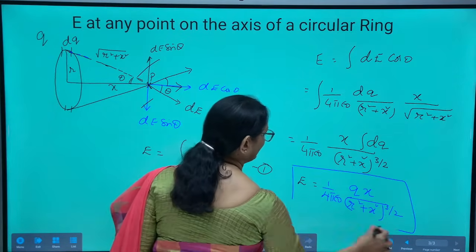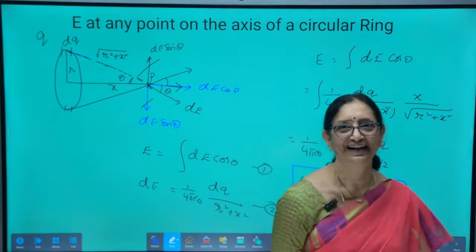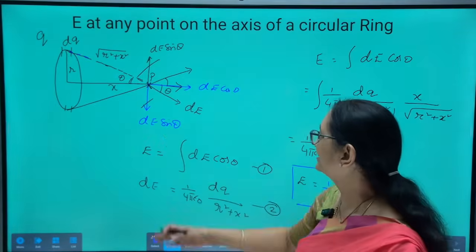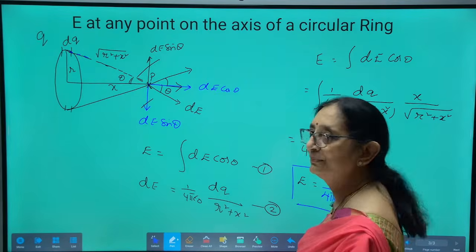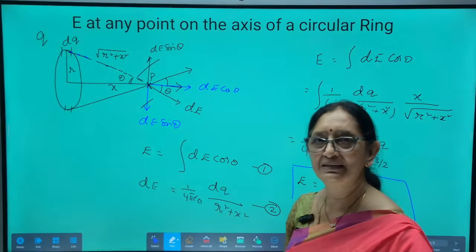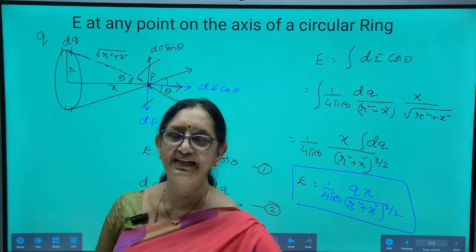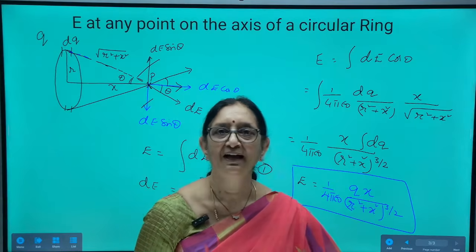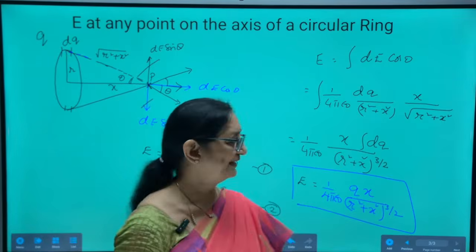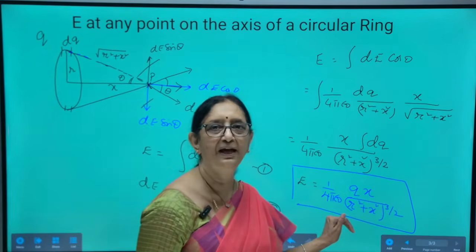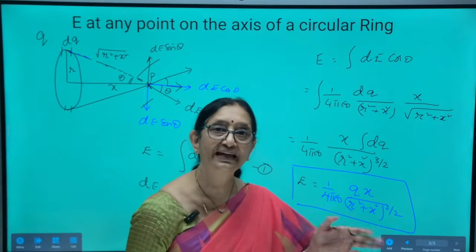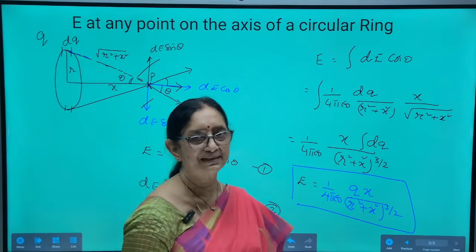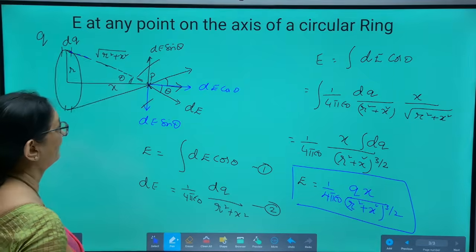This you have to memorize. Okay. In the competitive examinations, you do not find the time to solve the entire thing. So, electric field intensity at any point on the axis of a circular ring is 1 by 4 pi epsilon naught, Qx by r square plus x square to the power of 3 by 2.